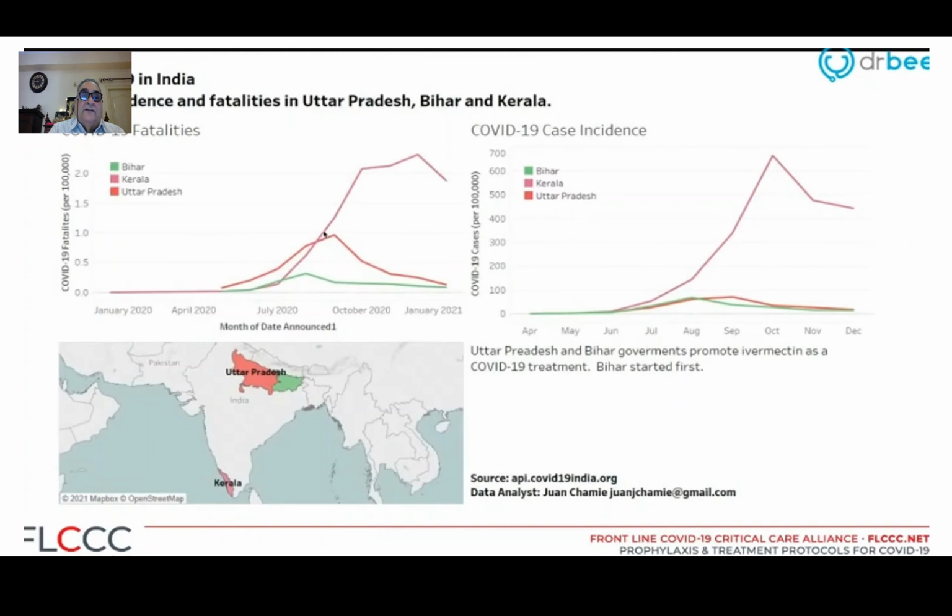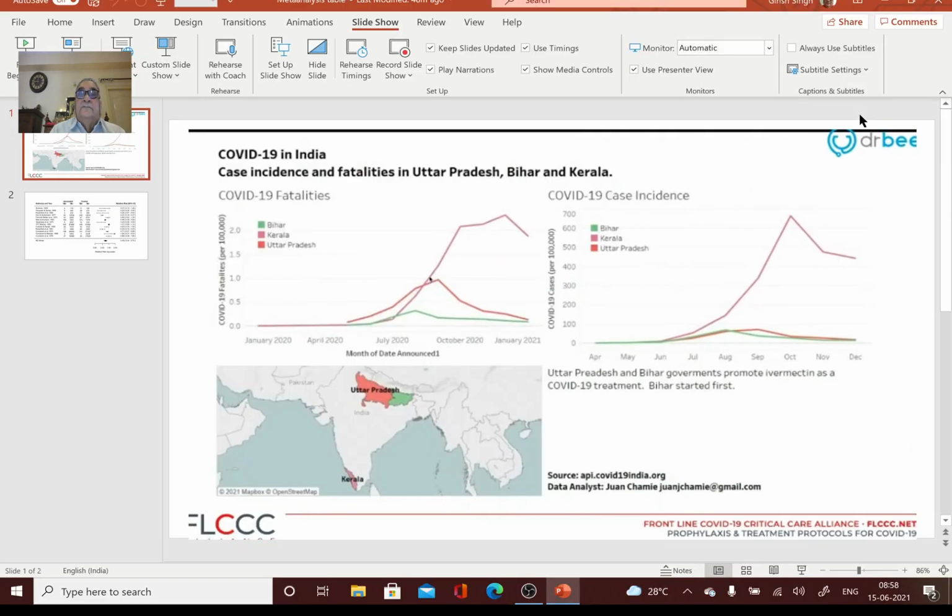As you can see from this epidemiological plot, of course there can be 100 other explanations which explain this difference between the death rates and case incidence between states.